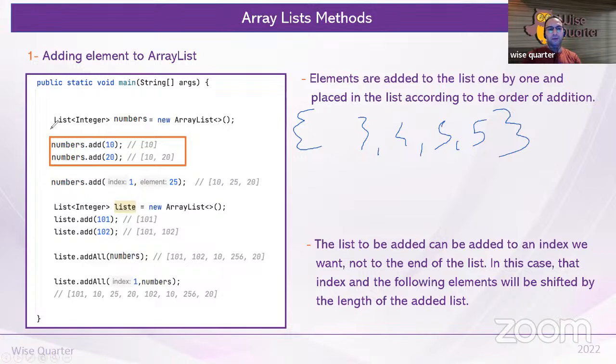But when you are using list, you have to add them one by one. Numbers add 3, numbers add 4, numbers add 5, like this. Of course, there are other ways to handle the situations, but still, it is the logic of a list. As you can see, the system is being added like this.